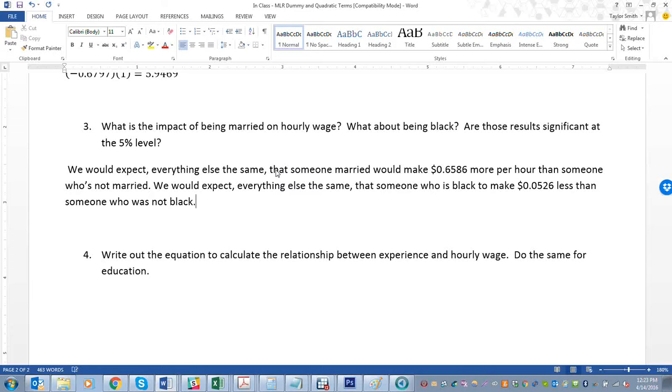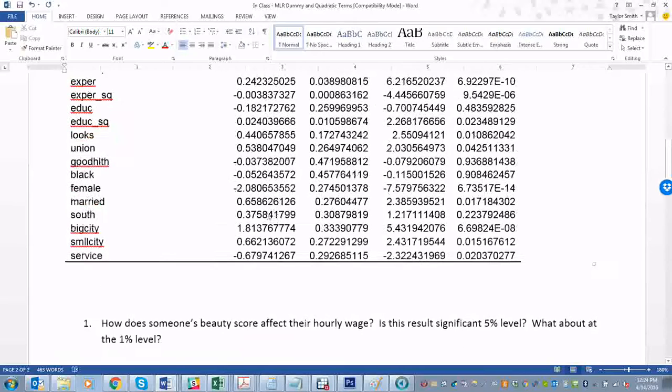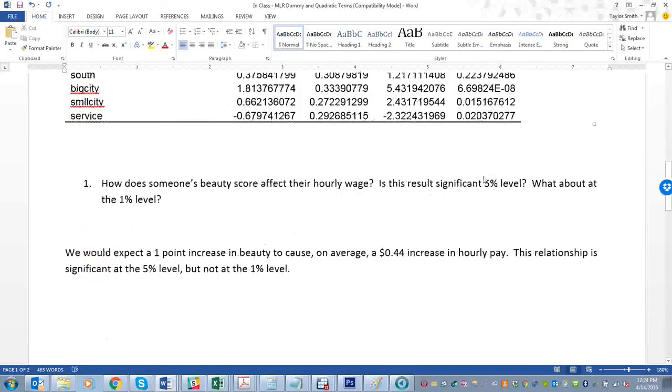Okay? Are those results significant at the 5% level? So let's come up here and look. Well, the p-value on married is a little bit bigger than 1%. So that is significant at the 5% level. However, the p-value on black is like 90%. So definitely bigger than 5%.